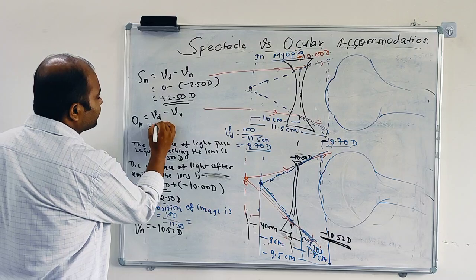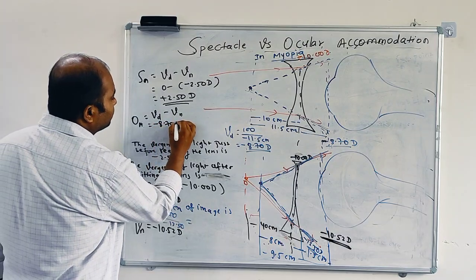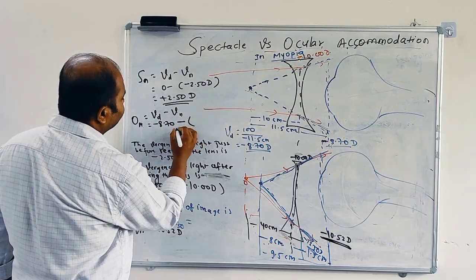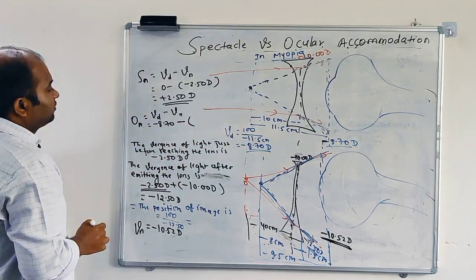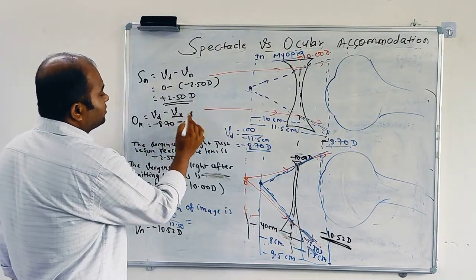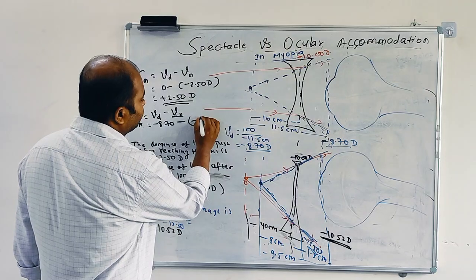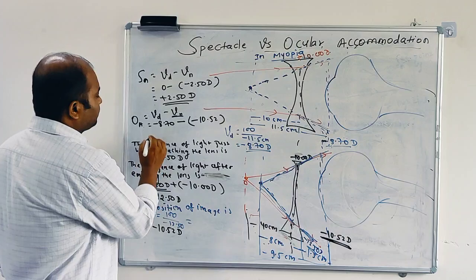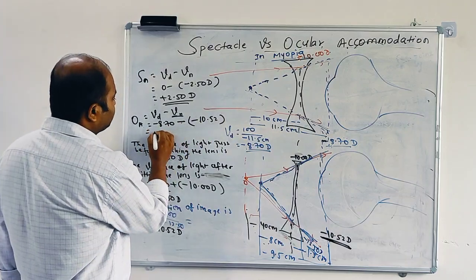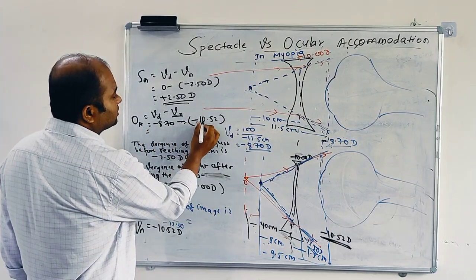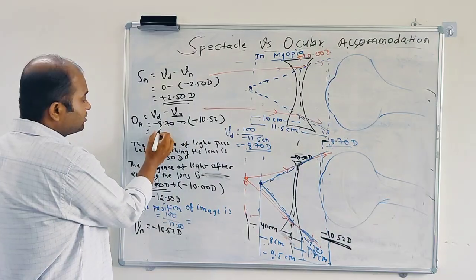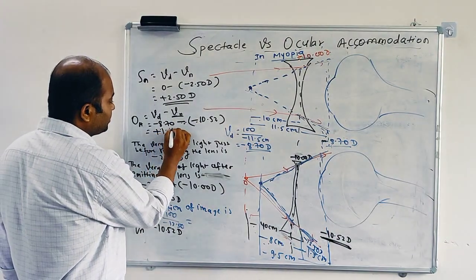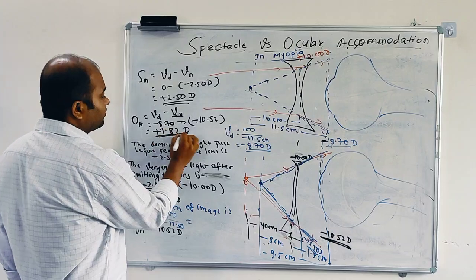Vd is minus 8.70, minus Vn, which is minus 10.52 diopter. So it becomes plus 10.52 minus 8.70, and we have seen plus 1.82 diopter.